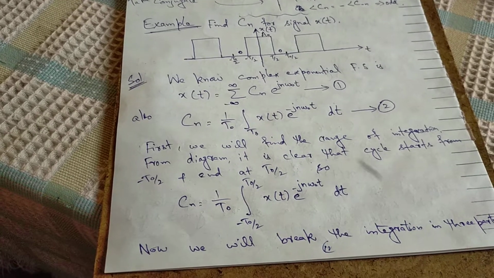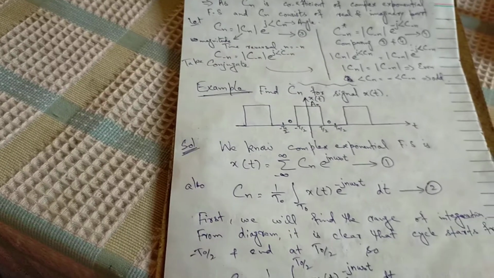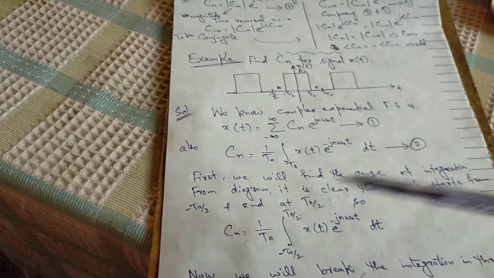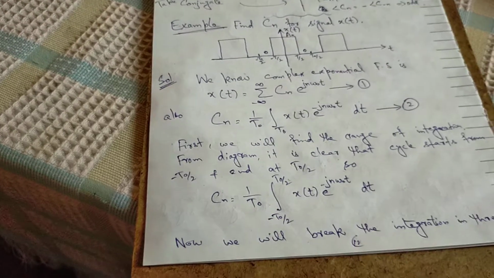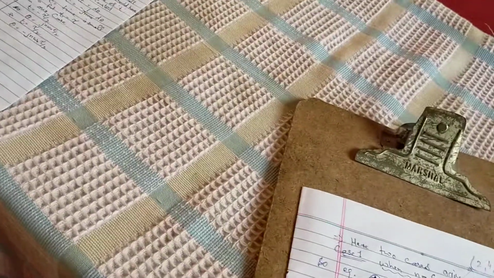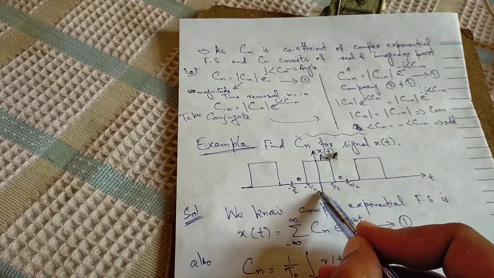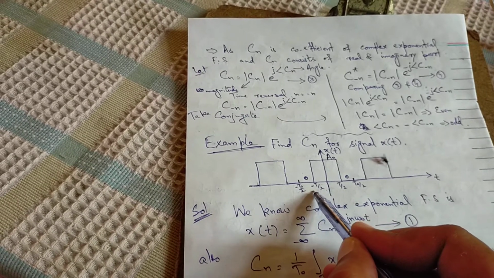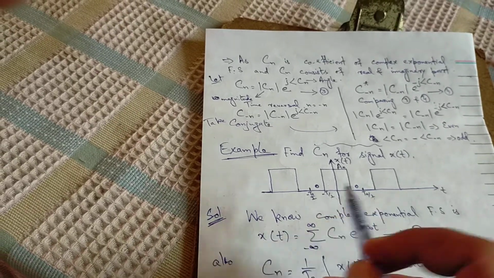So Cn is equal to 1 by T naught integration over the complete cycle, from minus T naught by 2 to T naught by 2, of x of t e raised power minus jn omega naught t dt. Now we will break the integration into three parts: minus T naught by 2 to minus T by 2, minus T by 2 to T by 2, and then T by 2 to T naught by 2.